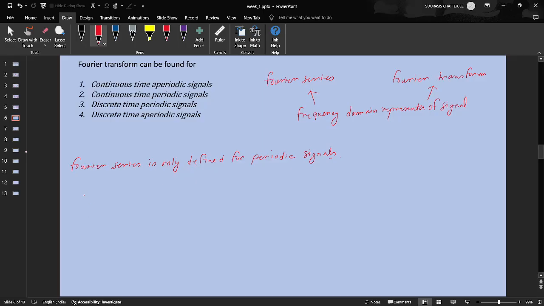Why is that? Let's consider the simplest of them, x(t), a periodic signal being sin(2 pi f t). And if I would like to draw its graph here, we'll obtain something like this.